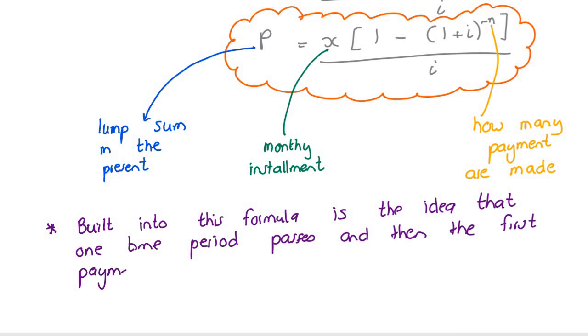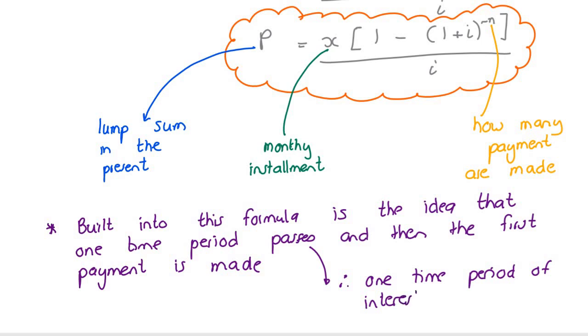So again, we'll come back to this idea, and it might make more sense when we get there. So built into this formula is that one time period of interest is added, basically. So therefore, one time period of interest is added, and then your first payment is made. So we'll come back to that idea in a moment.